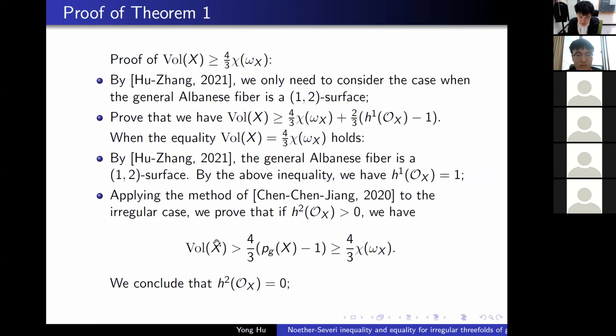But we assumed that the canonical volume is equal to 4/3 χ(ω_X). So this does not hold, which means that h²(O_X) must be 0.